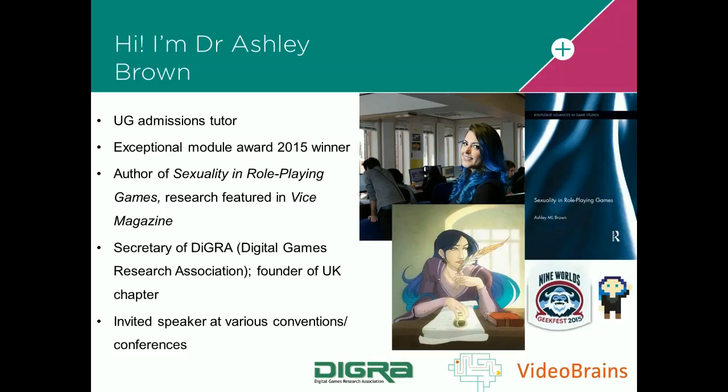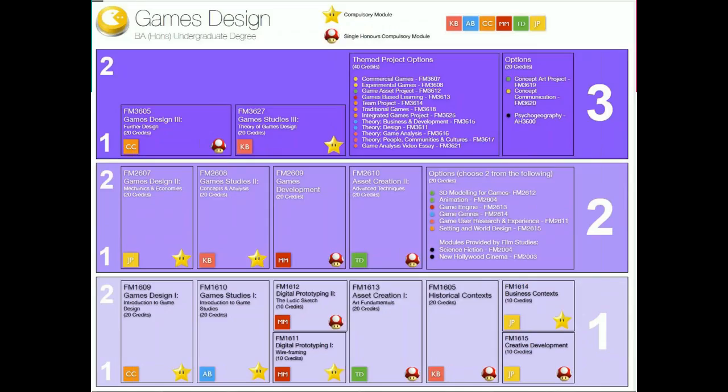We are here today to talk about the game design course. If you had a chance to come to one of our open days or applicant days, you might have seen this infographic before. If you have not, don't worry, I'm going to talk you through it now. I realize that through the broadcast, it's not going to be super clear.